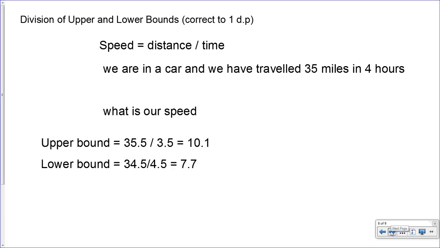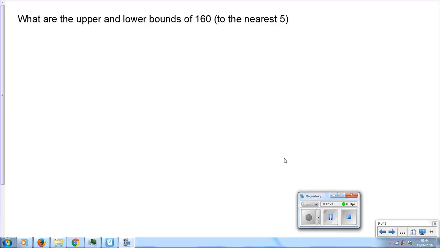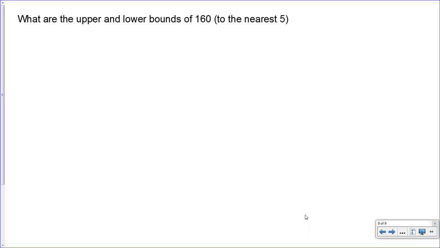Okay, so let's take into account this last question here. What are the upper and lower bounds of 160 to the nearest 5? So the upper bound of 160 to the nearest 5 would be 162.49 recurring.